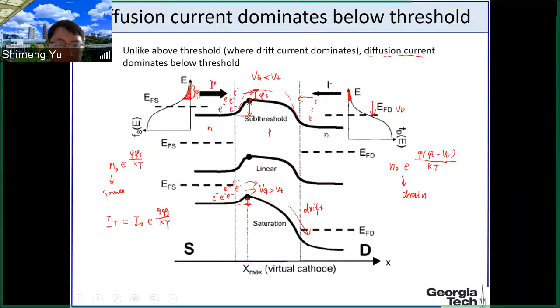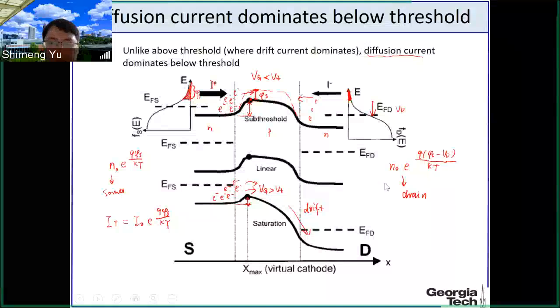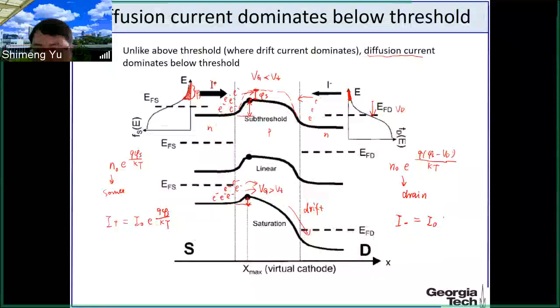This is the current from the left to the right, and then we have the current from the right to the left, proportional to the electrons at the drain side that are above the barrier top, so you have this exp of q(phi s minus Vd) over kT. The net current will be the difference between those two. This is what we are interested in, because this net current gives you the subthreshold current.